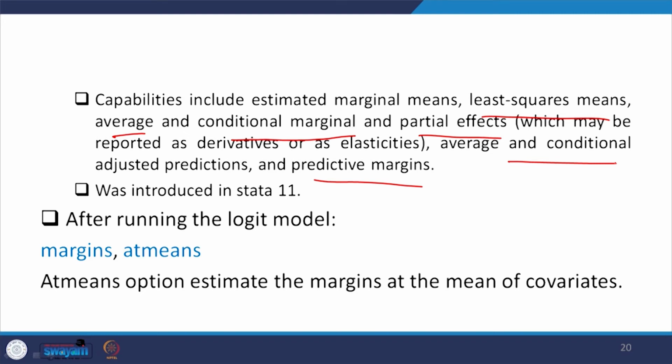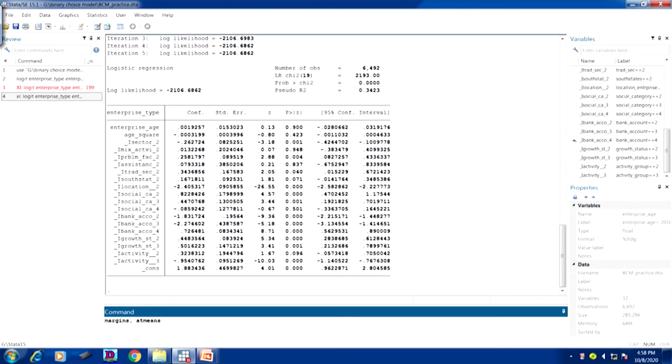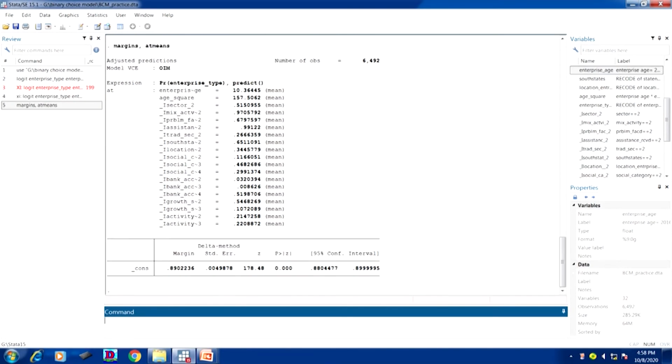Since we have already derived the result, now we simply take the at means value: margins, at means. Then we go to the Stata window, where we already ran the Logit regression. Now, this has given the result.